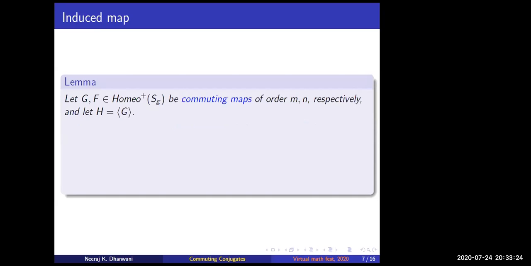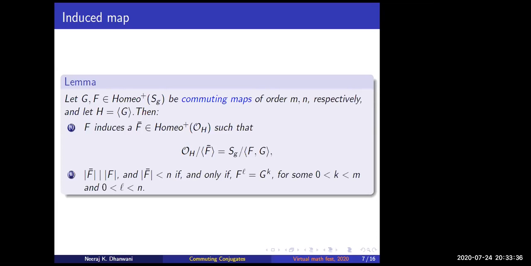Okay. So now some properties of commuting maps. What properties do they have? First, if they commute, they induce some action on the surface, and the induced action also has to be of order n if they are not powers of each other. From this we get a necessary condition, and we want to make it sufficient too.